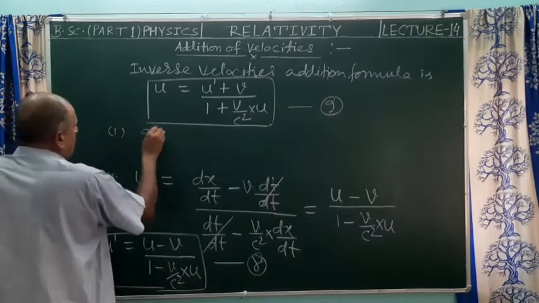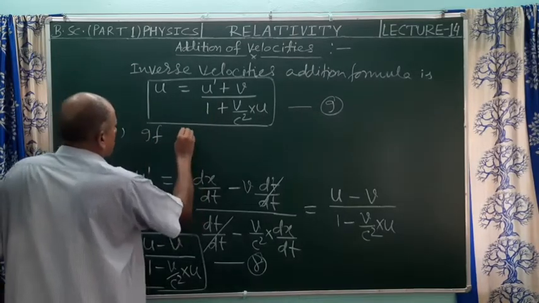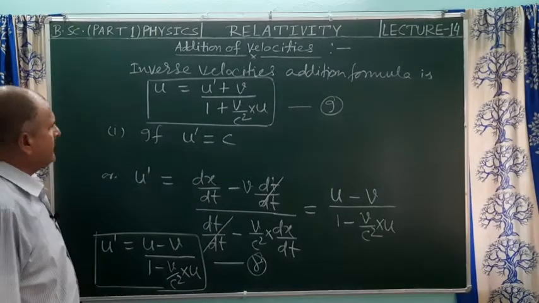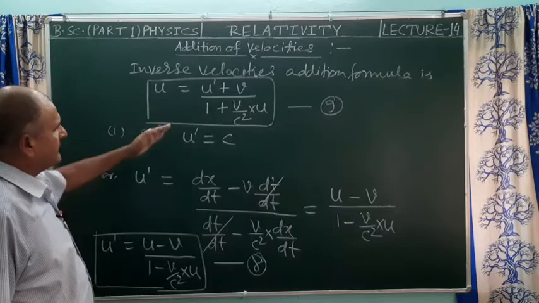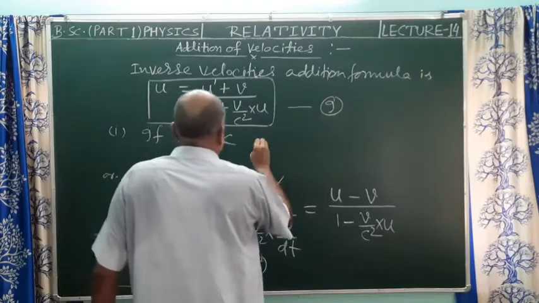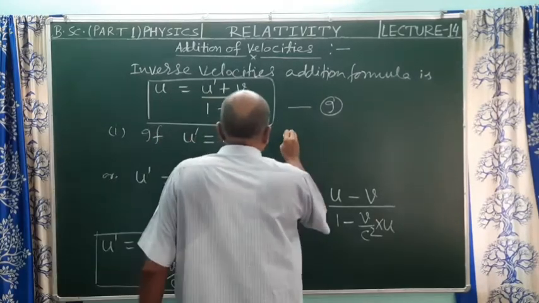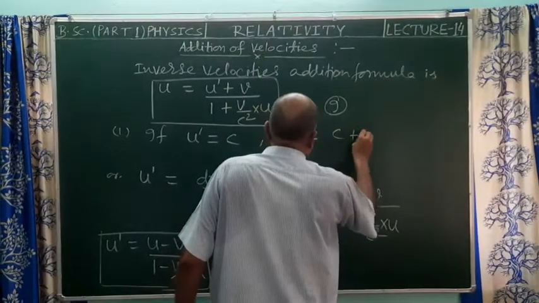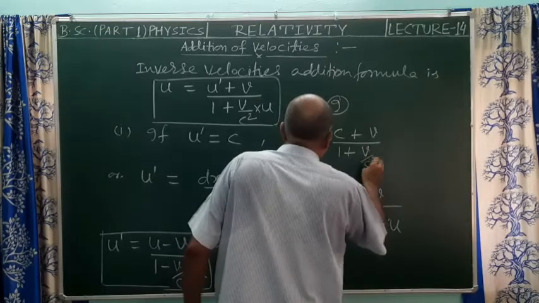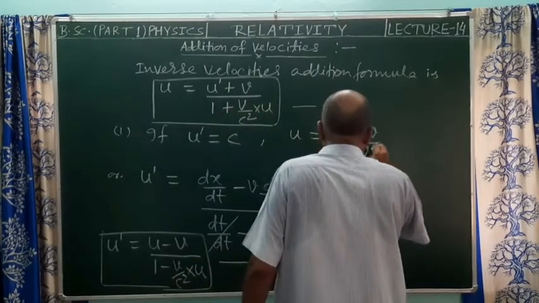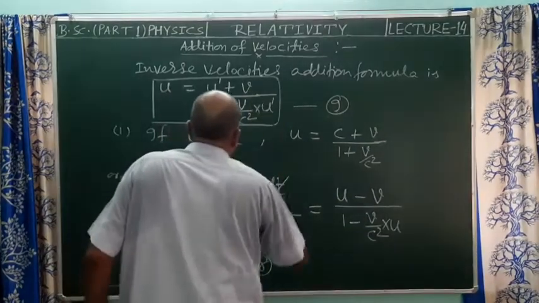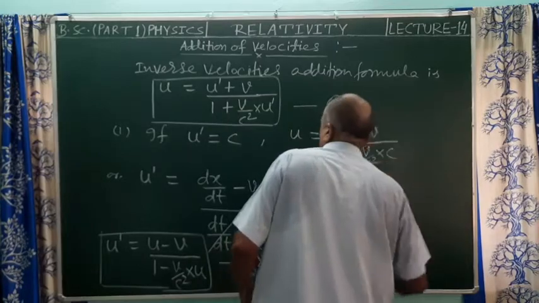If u dash is equal to c, that is the speed of light in vacuum, that is the speed of the body in frame s dash is equal to the speed of light c, then from equation 9, inverse velocity addition formula, u equals u dash is equal to c plus v upon 1 plus v square, v by c square multiplied by c.